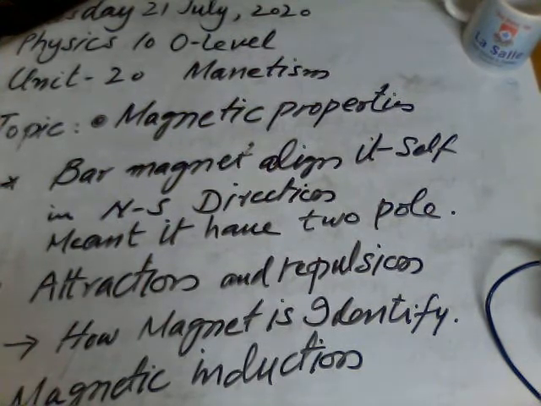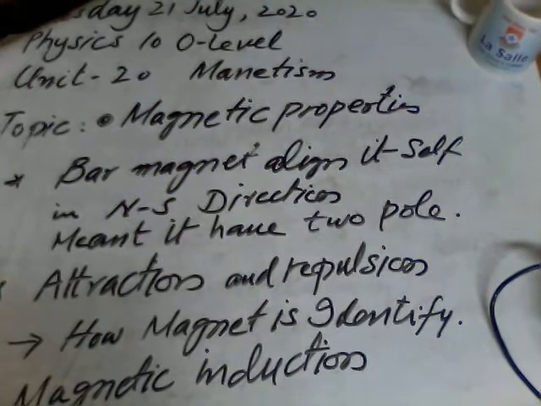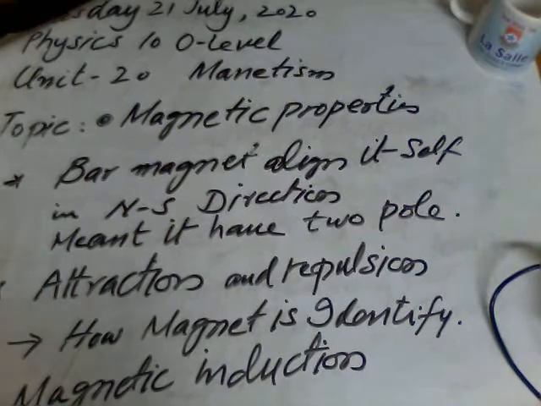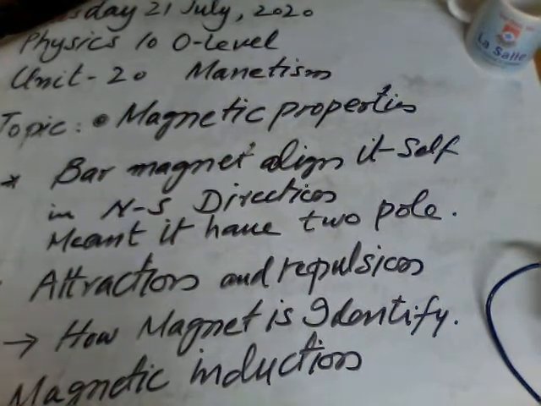Now one thing more, magnetic induction. Induction is the word taken from induce, to induce the magnetic properties from one magnet to a magnetic material like steel. You may have seen paper clips or common pins.